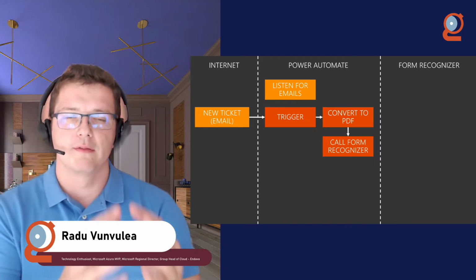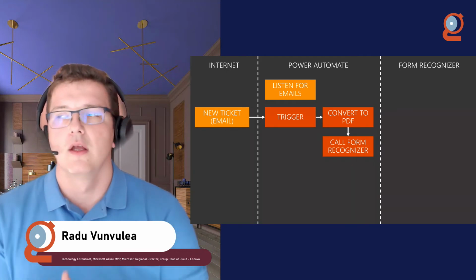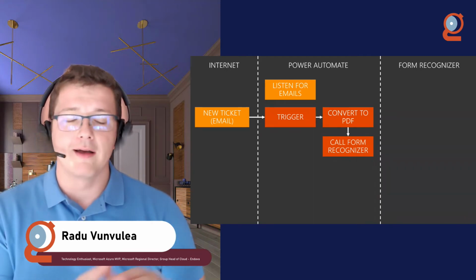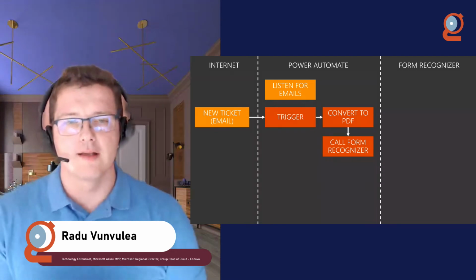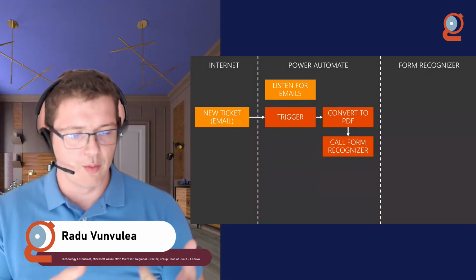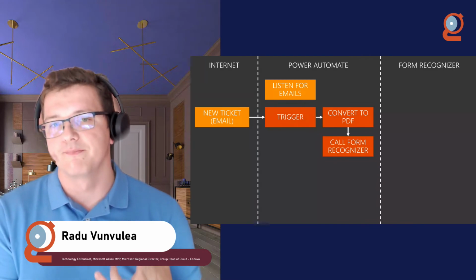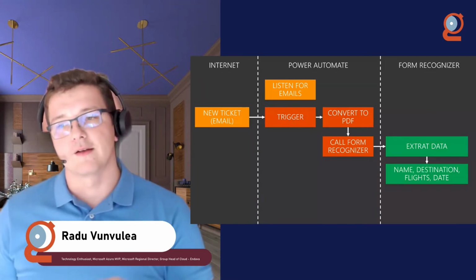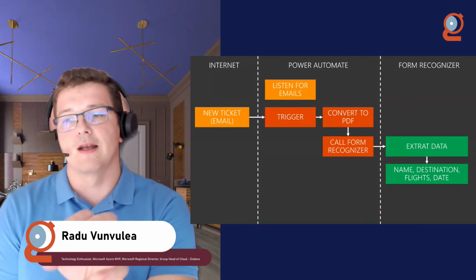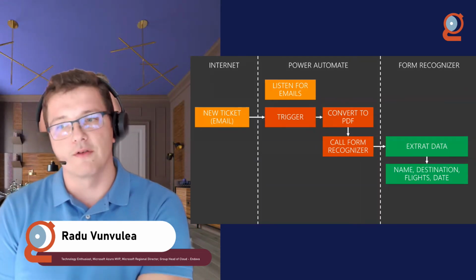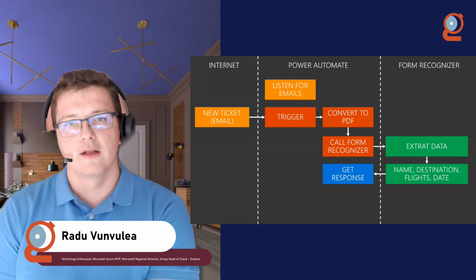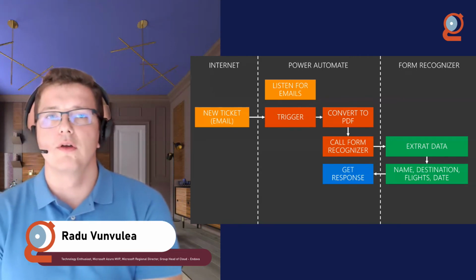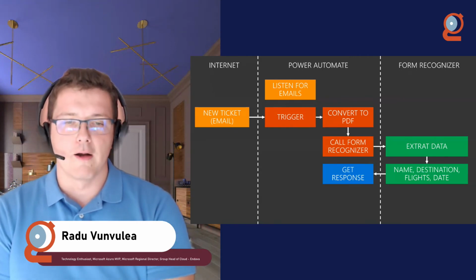We need to convert that content to PDF, even if it's an image, or even if it's text, because Form Recognizer knows how to work with images and PDFs. After that, you will call the Form Recognizer, which would extract the labels that you are looking for, let's say name, destination, flight information, and date. Then it provides the response to your Power Automate.